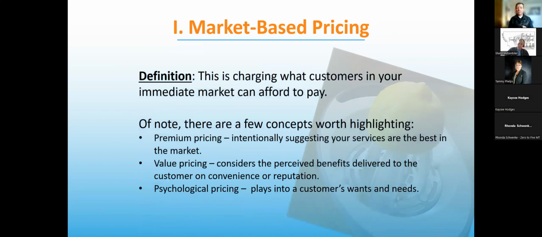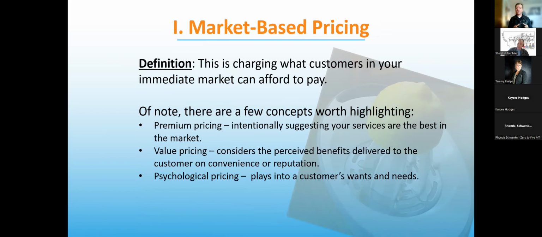Market-based pricing is charging your customers in your immediate market what they're willing to pay, what they can afford to pay. There are 3 subcategories here worth highlighting. Premium pricing is intentionally suggesting that you are the best and therefore you are worth charging more, and assuming that your families can afford to pay for that.